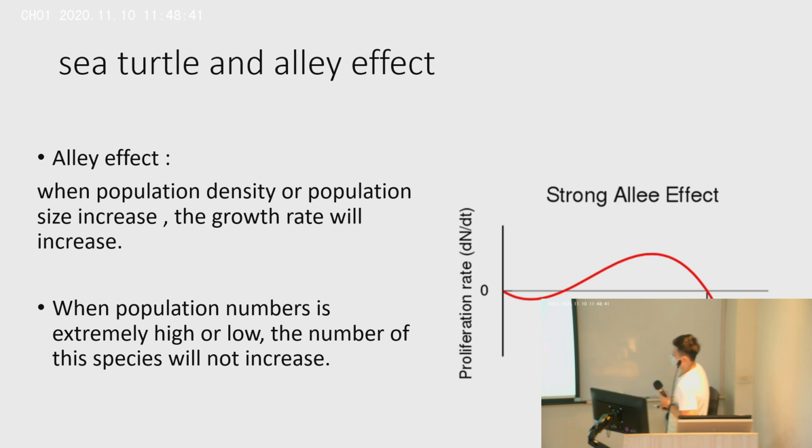And when the population number is extremely high or low, the number of the species will not increase. Like in this picture, when their population is very low, their growth rate is down, and when it is high also.